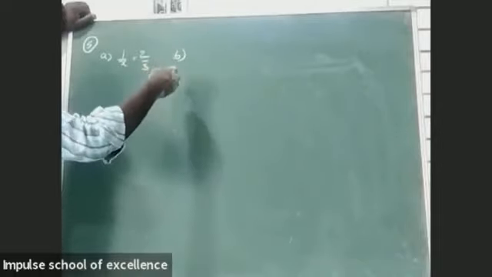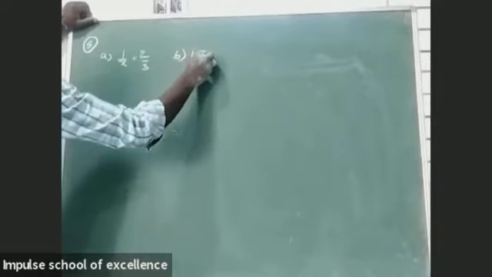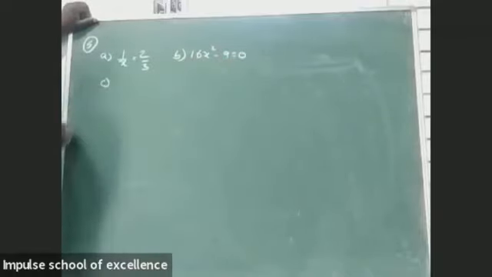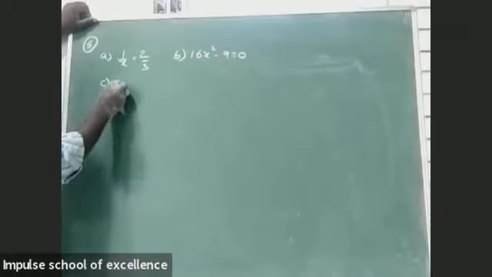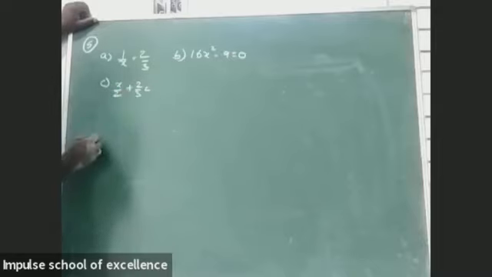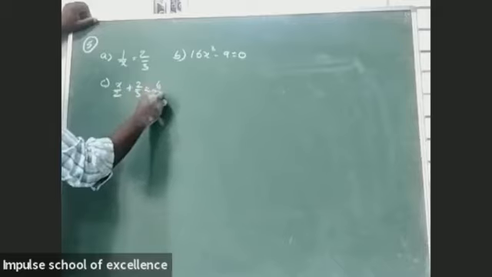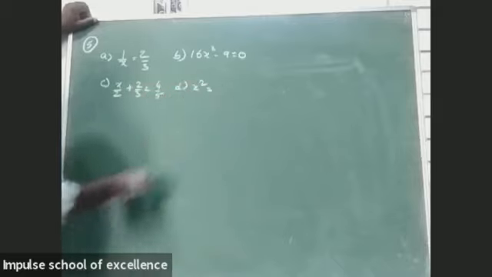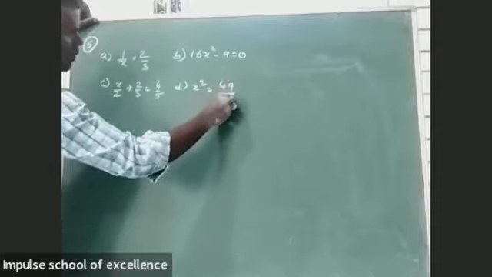Option B, 16x square minus 9 is equals to 0. Option C, x by 2 plus 2 by 3 is equals to 4 by 5. And option D, x square is equals to 49 by 24.